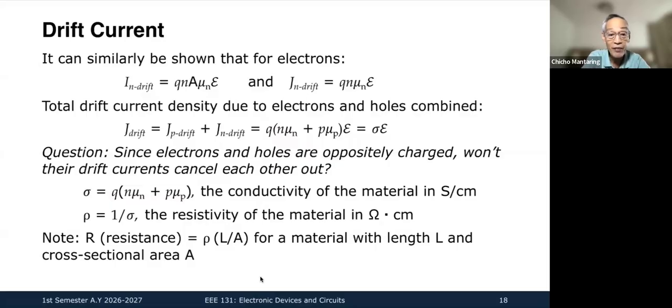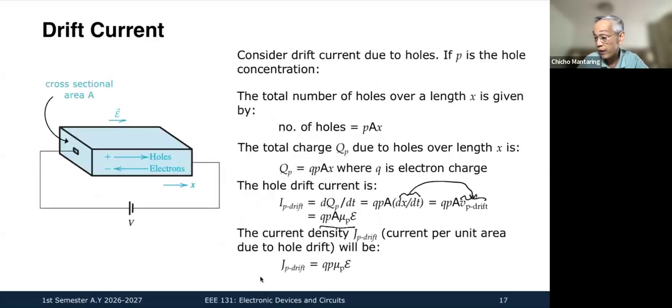Resistance is equal to resistivity multiplied by length divided by cross-sectional area. That's how you compute for resistance. In other words, you should now be able to compute for the resistance of this semiconductor block, if you know all of the parameters associated with that semiconductor.